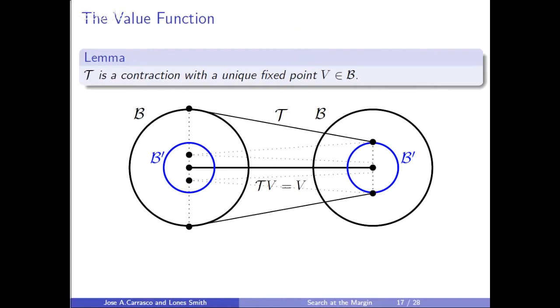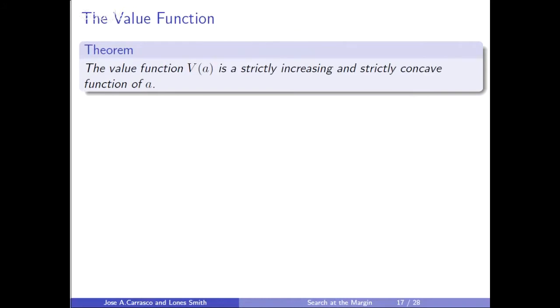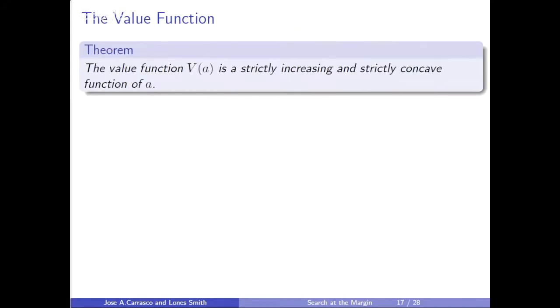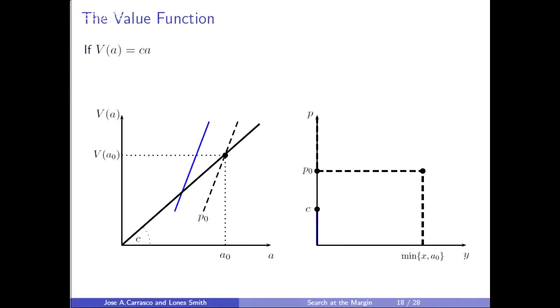We characterize this set. We show that set is the set of strictly increasing and strictly concave functions. So it's not only the case that the fixed point lives in this big set of bounded and continuous functions, it lives in the smaller set of bounded, continuous, strictly increasing, and strictly concave functions. Okay. Let me jump. I'm going to jump here.